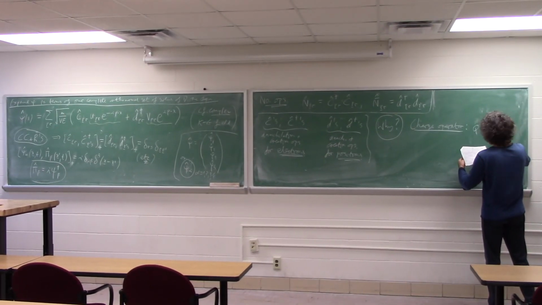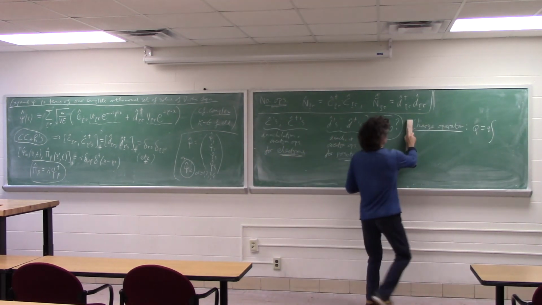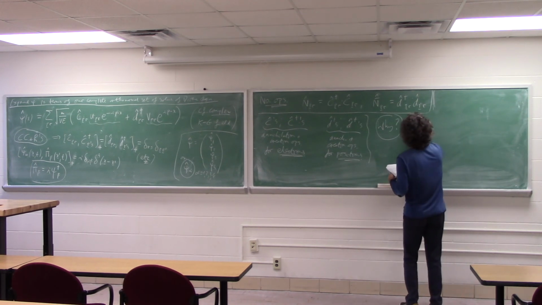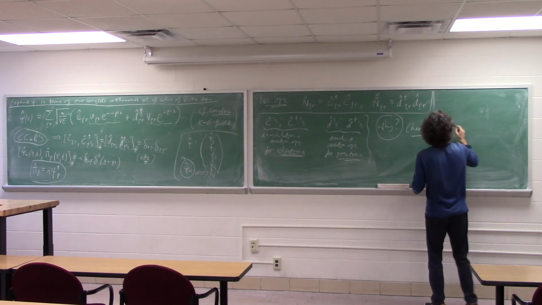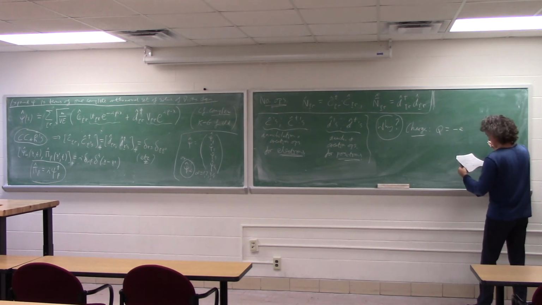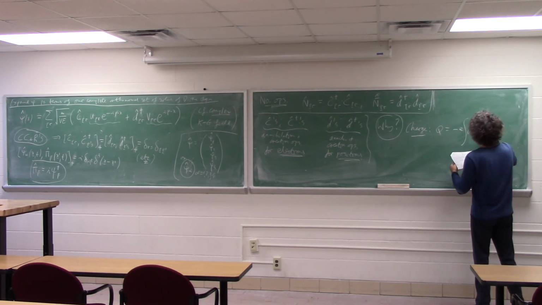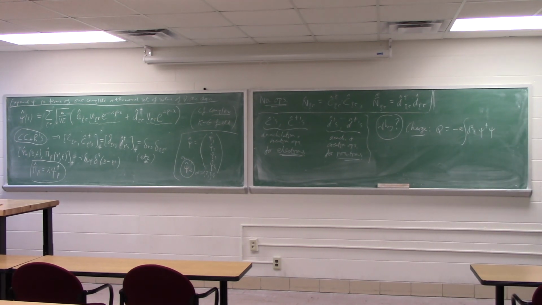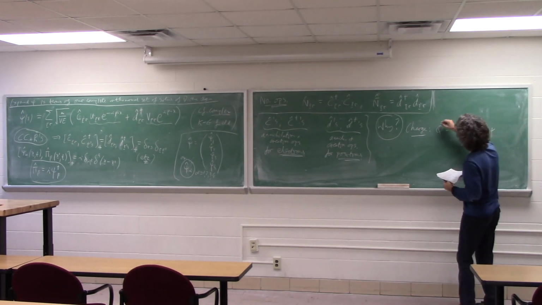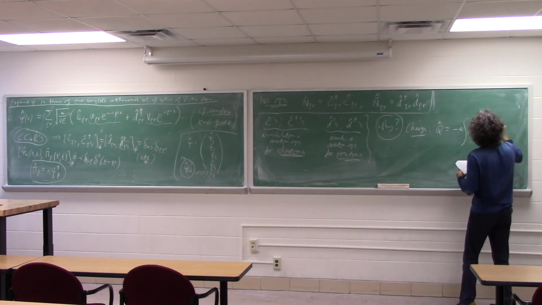We wrote it as a constant Q. Instead of calling it a constant Q, let's write the little q as minus e. We have an integral over all space of psi dagger psi. This was for the classical Dirac field.